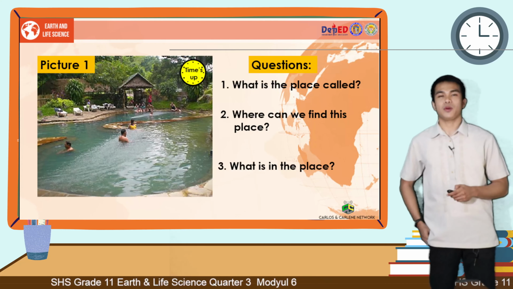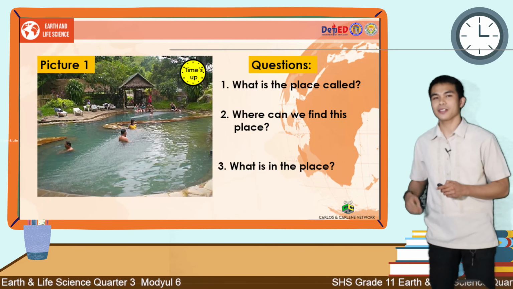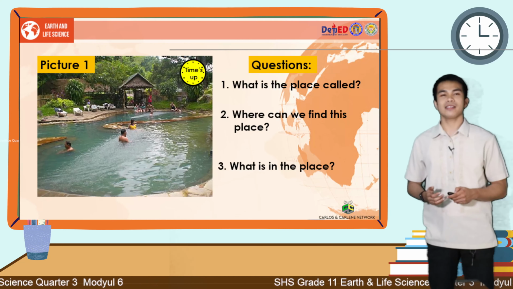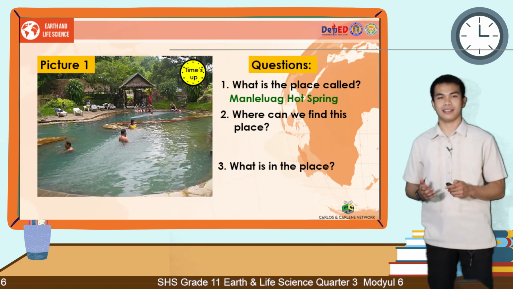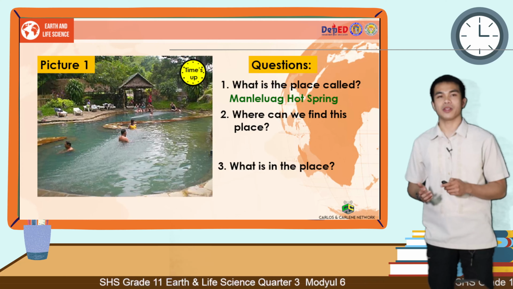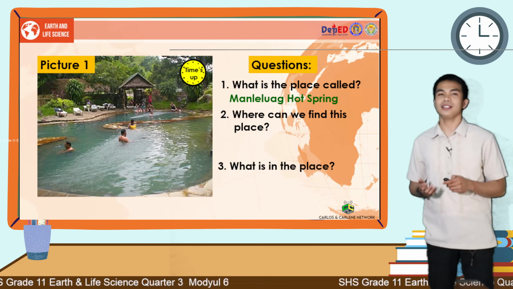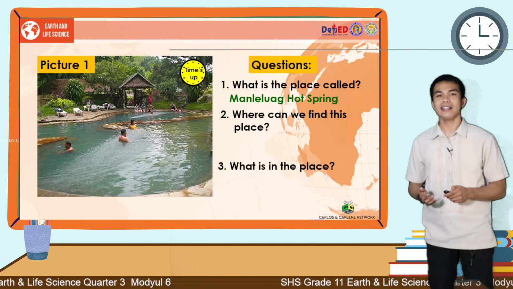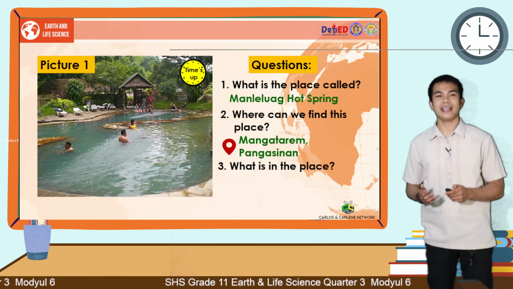Okay, so let's analyze this. First question, what is the place called? So this place is called the Manleluag Hot Spring. Second question, where can we find this place? So where can we find the Manleluag Hot Spring? It's in, very good, Mangatarem, Pangasinan.